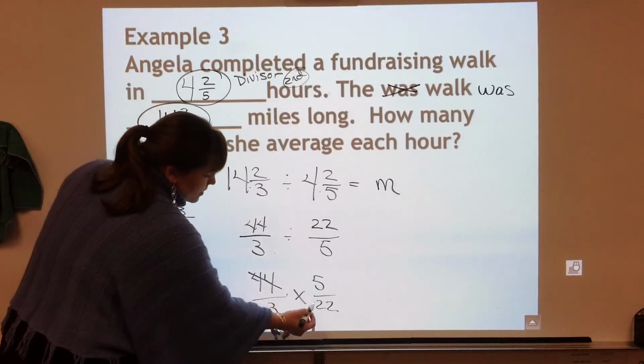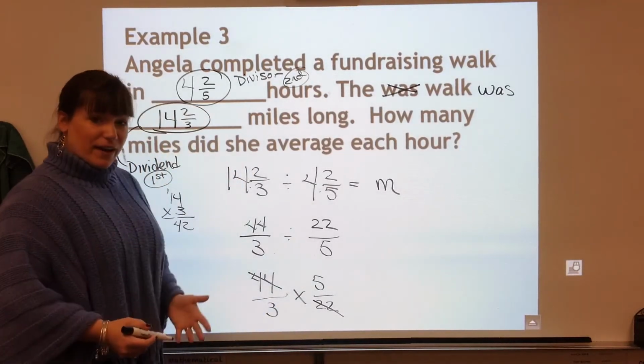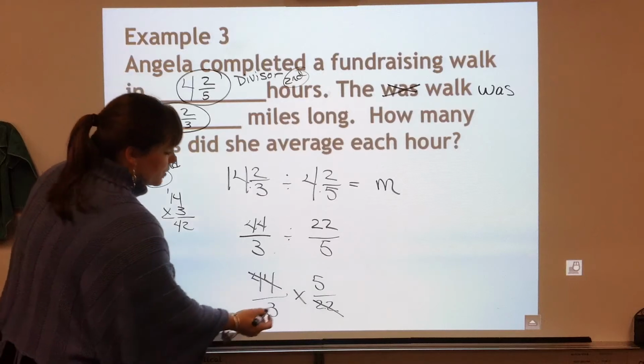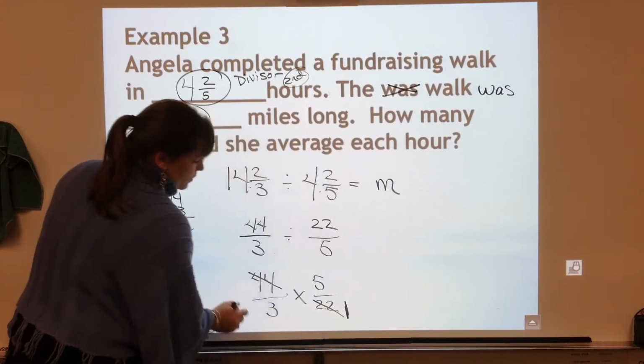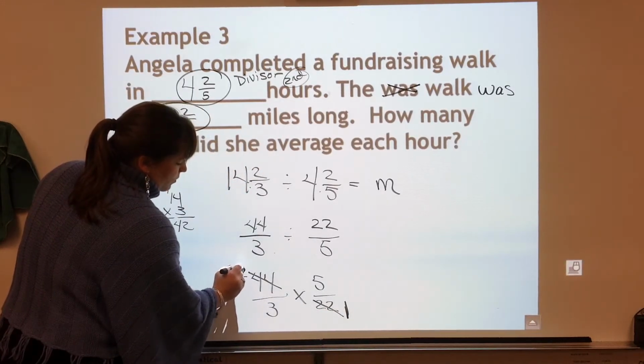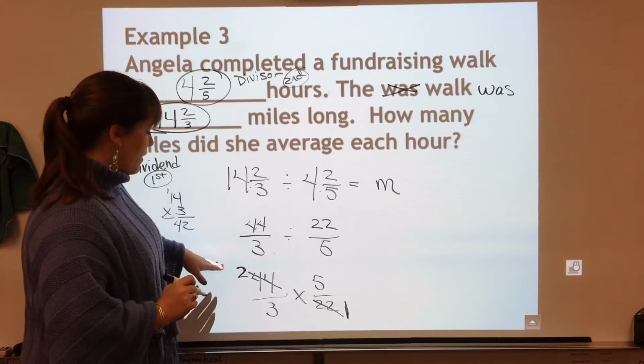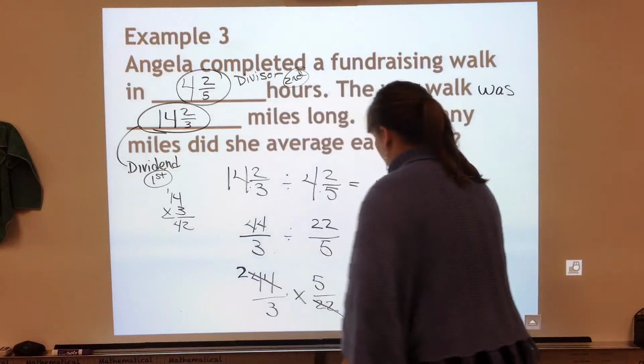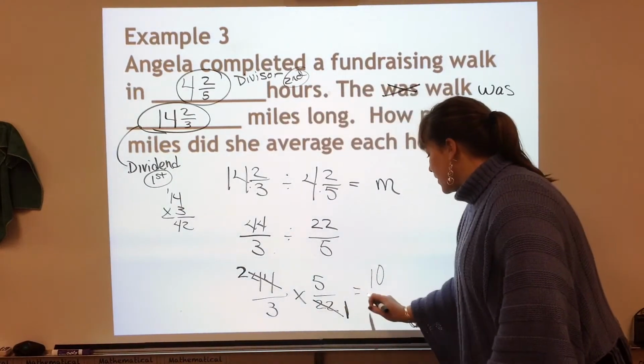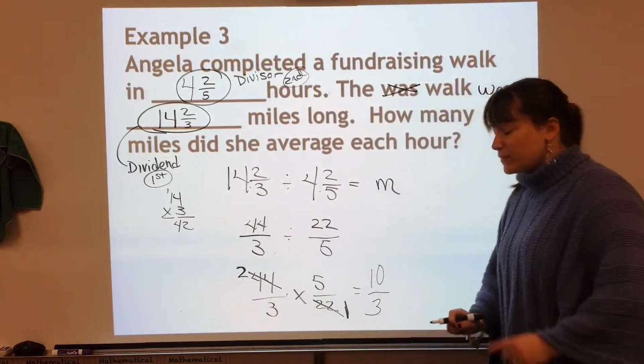I noticed that these two have a common factor of 22. So 22 divided by 22 is 1. And 2 times 22 is going to be 44. So I now have 2 times 5, which is 10, and 3 times 1, which is 3.